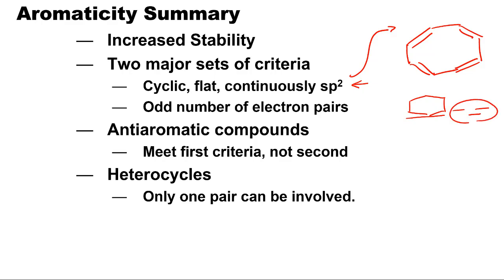The last thing is when we talk about heterocycles. In heterocycles, you can only use one pair of electrons on any given atom, and so nitrogen is the one that gives us the most difficulty.